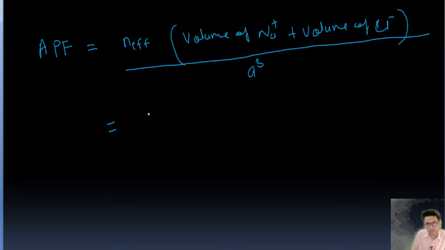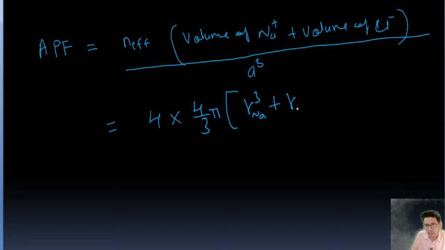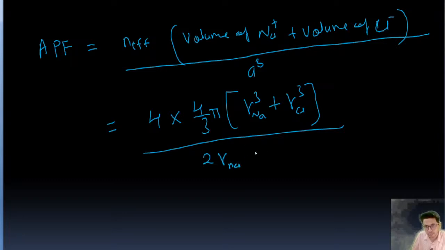So I'm going to write it. N effective for NaCl is 4. I have already explained NaCl rock salt in my previous classes, so you can check it. Then the volume is going to be 4/3 π, which we can take common, times R_Na³ plus R_Cl³, upon a³, which is (2R_Na + 2R_Cl)³.